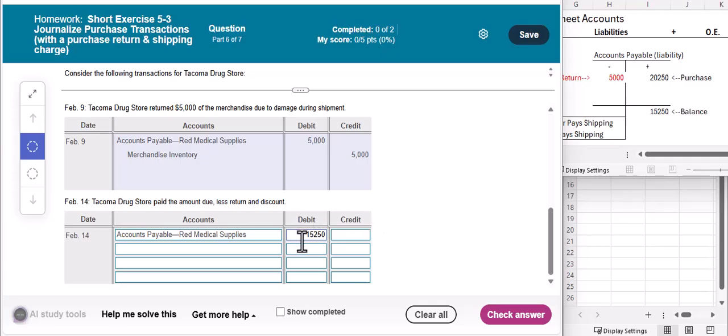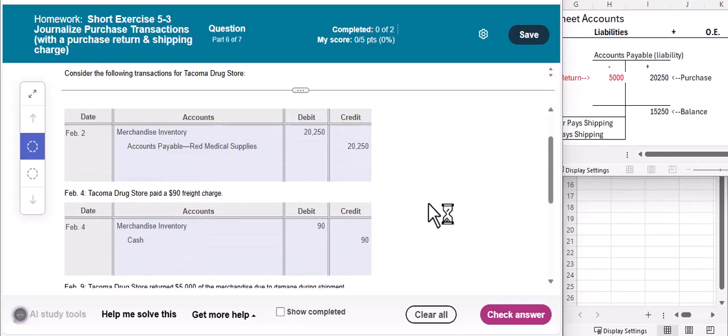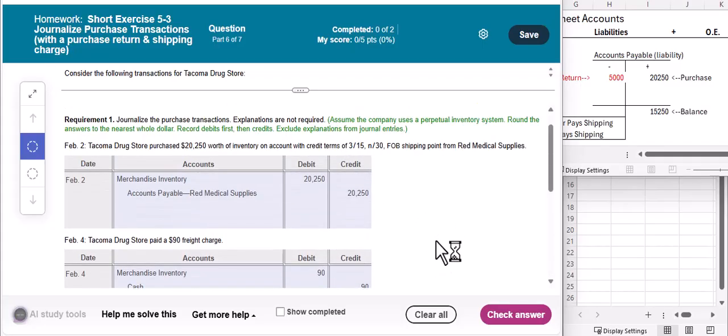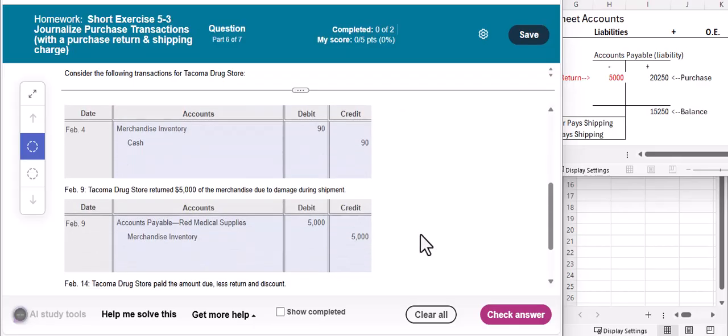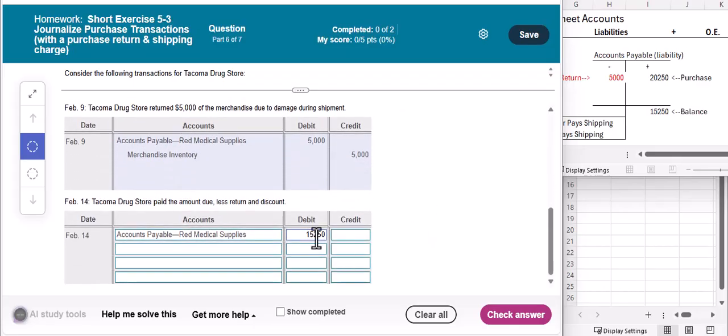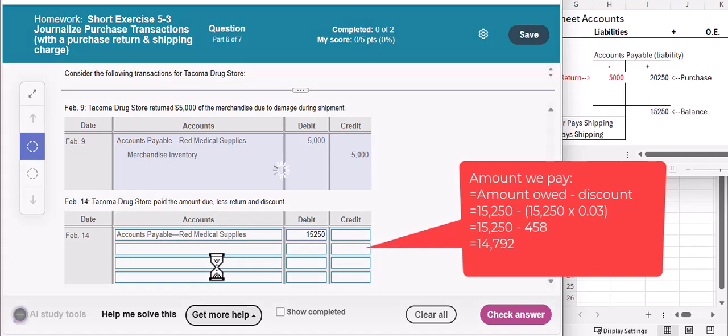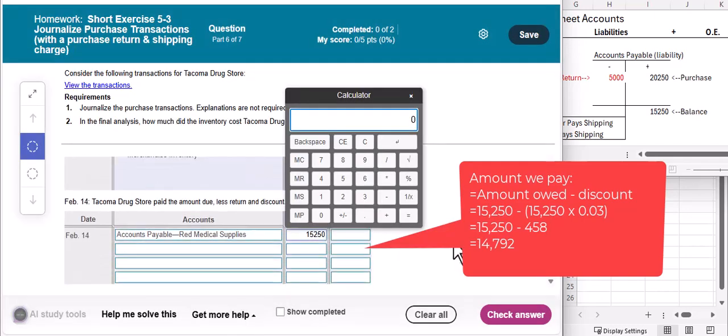So if we owe this $15,250, but we're going to get a 3% discount according to the top of the problem up here, since we are paying within 15 days, we have to calculate 15,250 times that 3% to see what our discount is. So we'll get our calculator out, down here at the bottom, and type in 15,250, and to turn that into 3%, we can multiply by 0.03 or use the percent key.